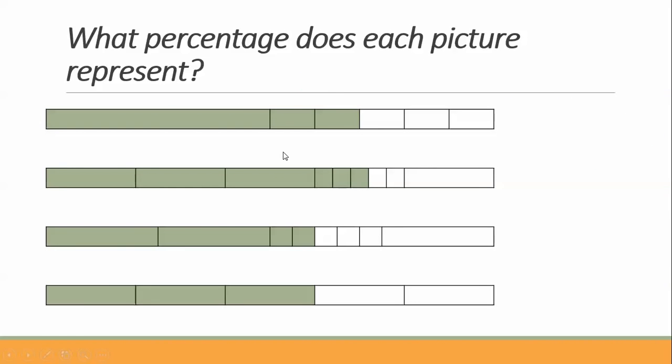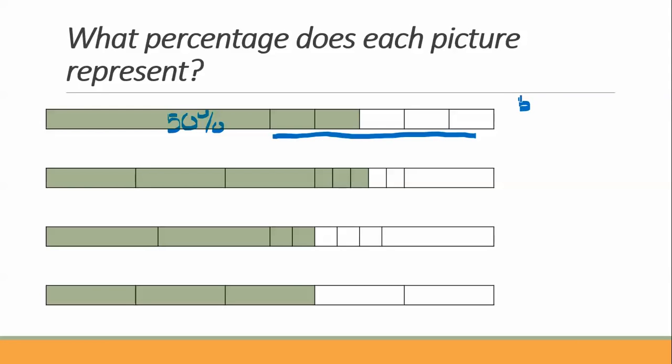So these are split differently. So let's see how to do this one. Remember, this part and this part were the same size. And from our last example, we know that this was 50%. So this part is also 50%, and it's divided into 1, 2, 3, 4, 5.